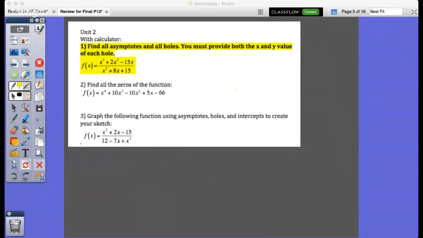Minus, sorry, I'm trying to put this in here. 10x squared. Did y'all check me on that? Is that what you got? Yeah. Okay, so we're going to graph this.